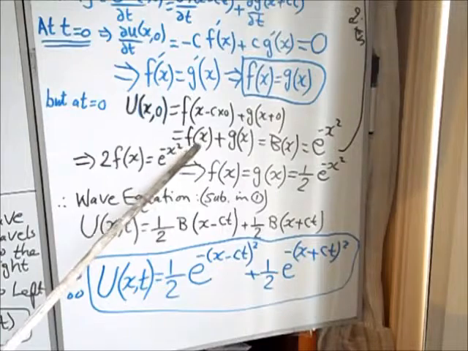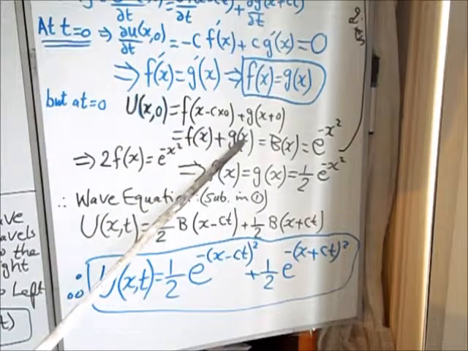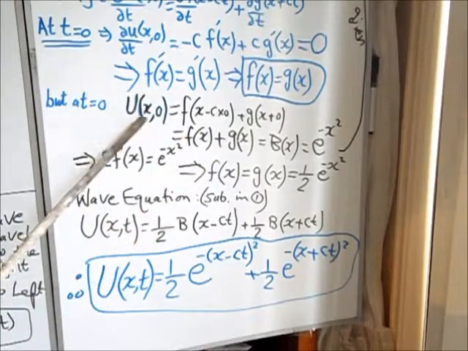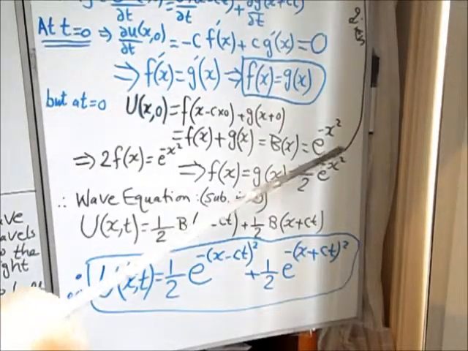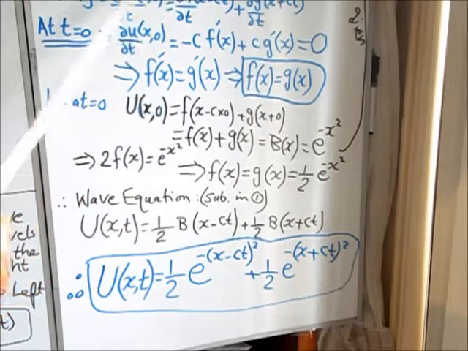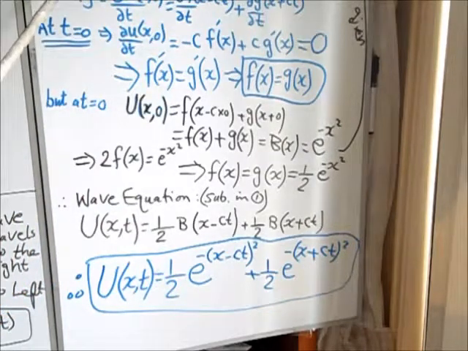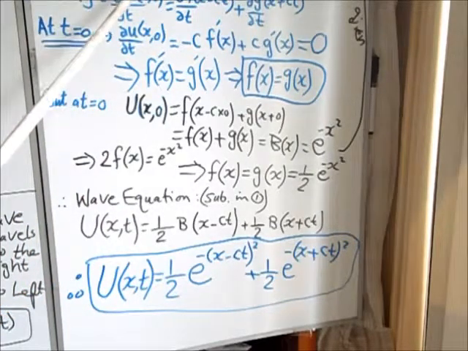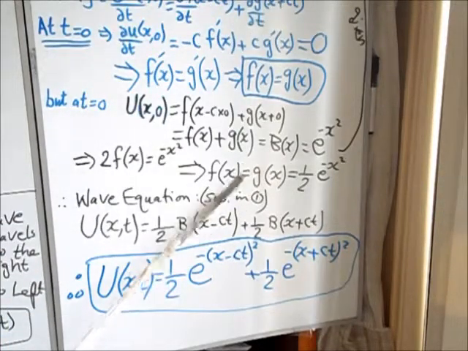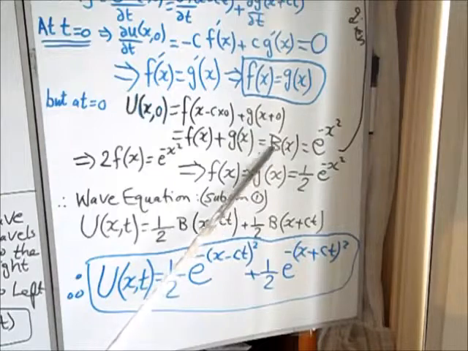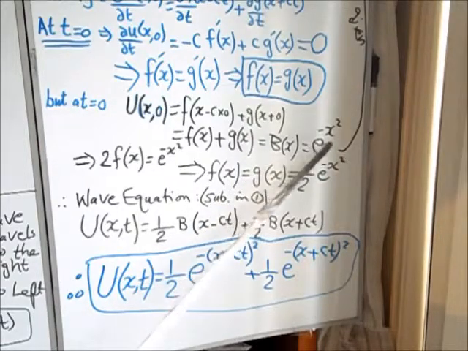That gives us f of x plus g of x. So this is the shape of the wave at time 0. But that's given from the beginning, as we can see. You go back to what we are given at the beginning. At t equals 0, this shape u(x,0) equals b of x equals e minus x squared. This is the initial shape. So we write this equals b of x equals e minus x squared.